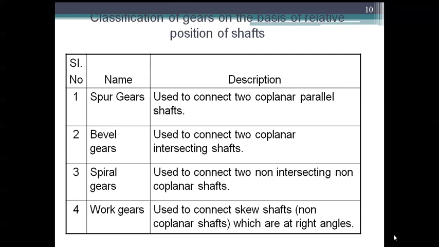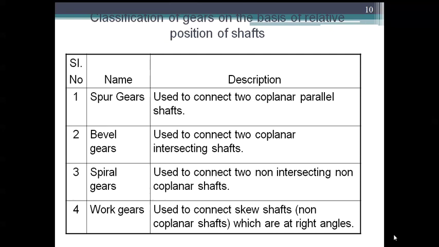The next one is bevel gears, used to connect two coplanar intersecting shafts. The two shaft axes intersect at some point and both are in the same plane. These are the bevel gears. Spiral gears are used to connect two non-intersecting, non-coplanar shafts.